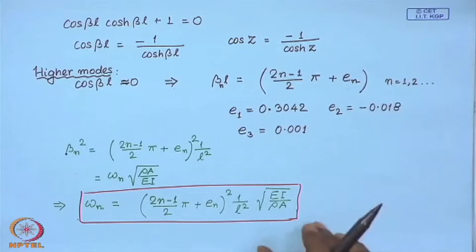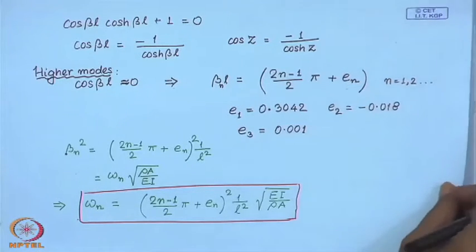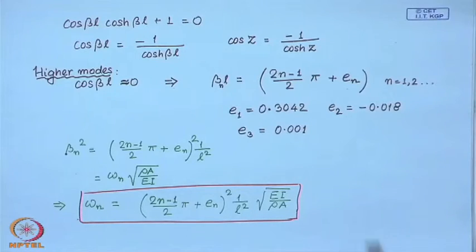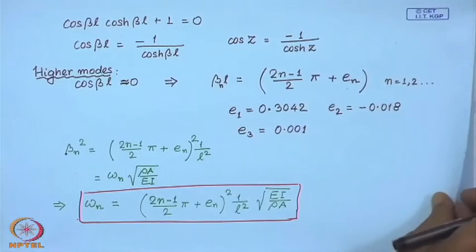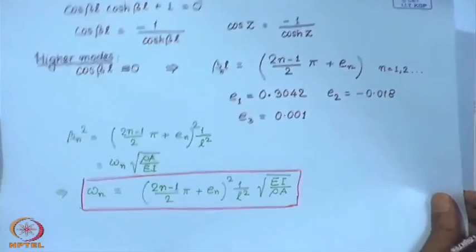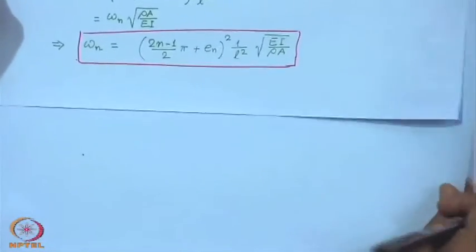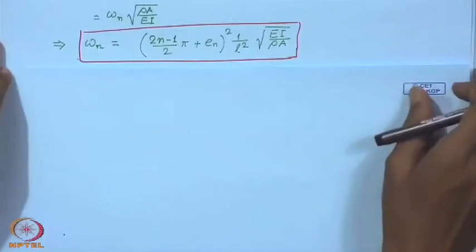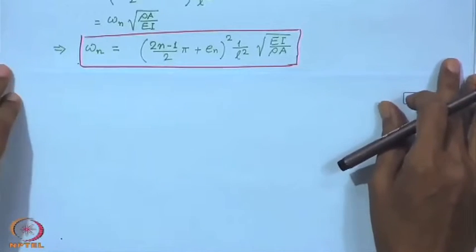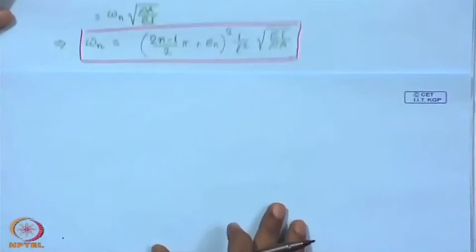Now, corresponding to these circular natural frequencies, one can calculate the eigen functions from the general solution that we discussed. So, these are obtained as follows.